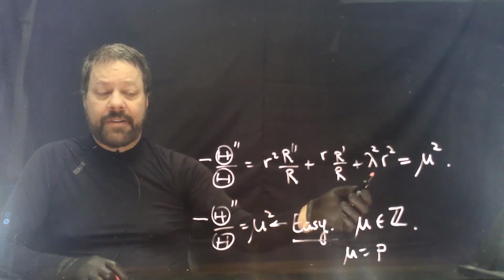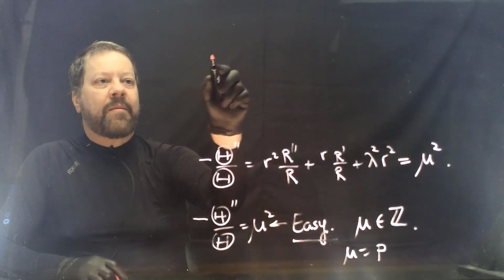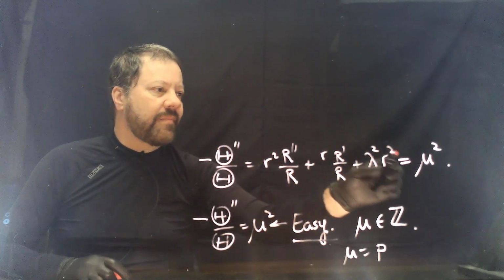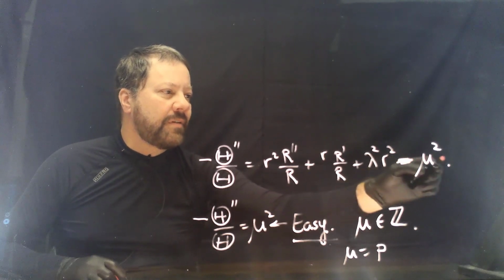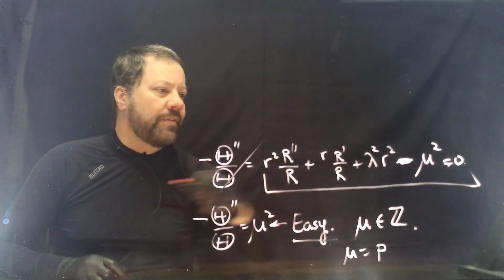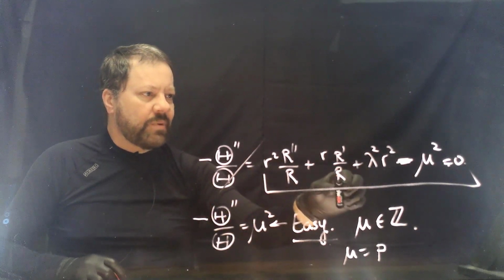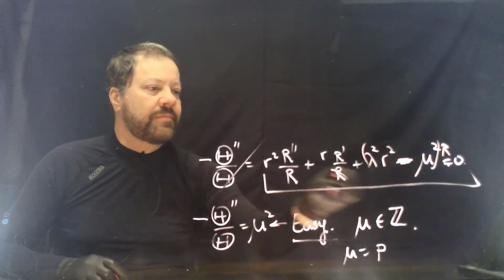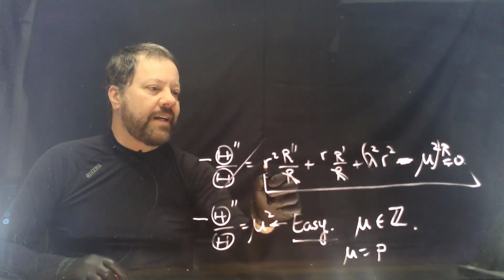The final differential equation then will be, if we multiply through by r, we'll move this one over. We'll multiply through by r, and we can divide by r squared.